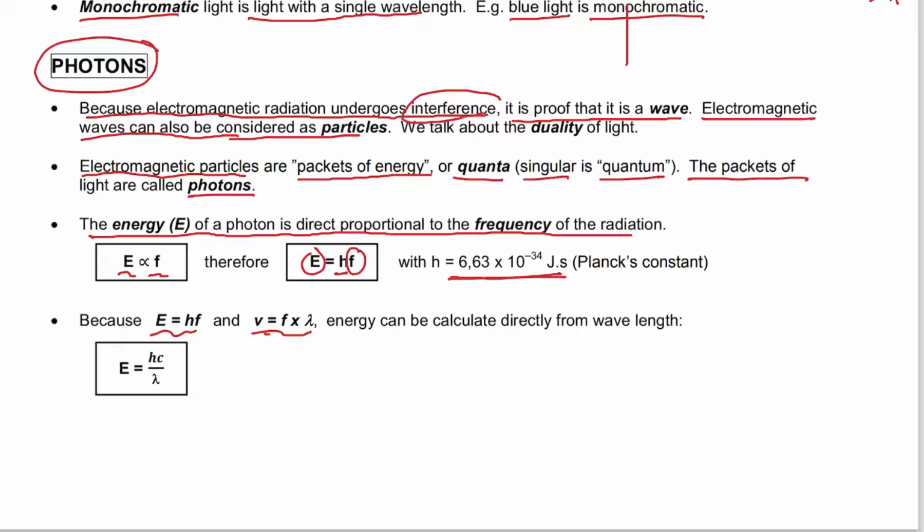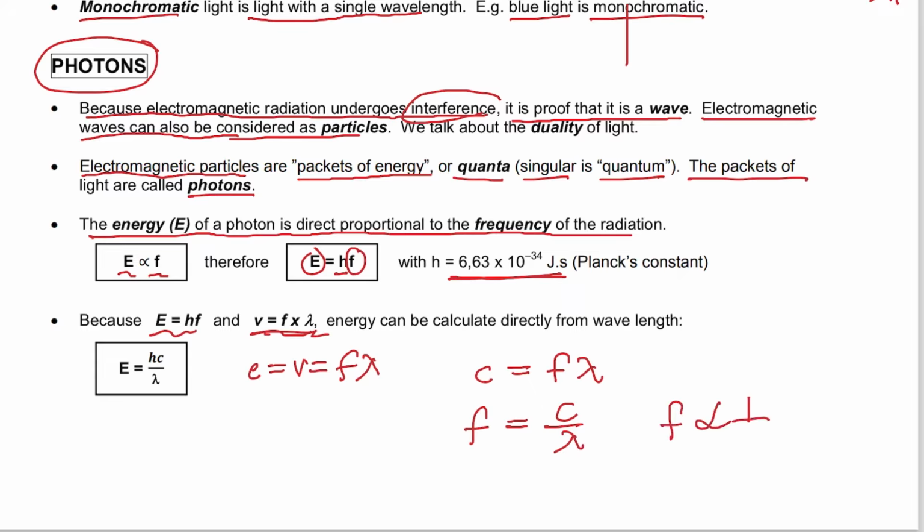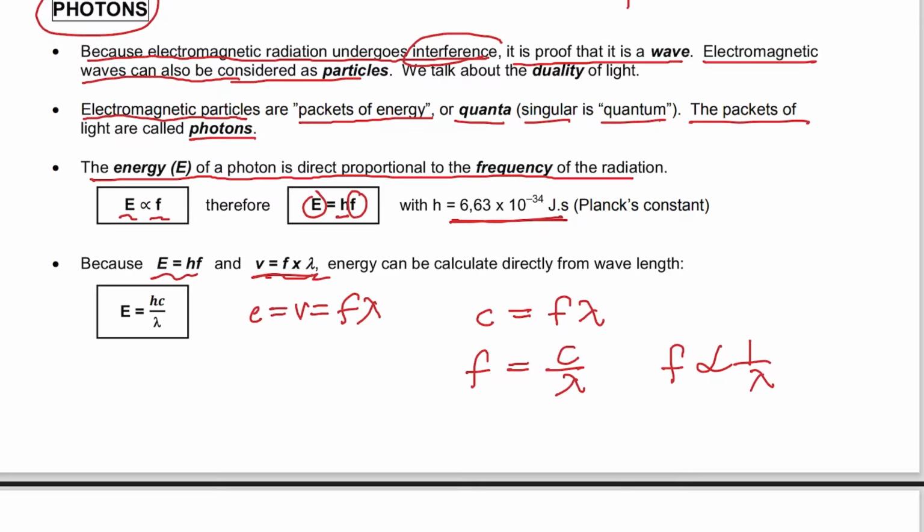And we have another formula for frequency and wavelength that says V or C is equal to frequency times lambda. If you make frequency the subject of the formula, you have C divided by lambda, and that's where the statement that frequency is inversely proportional to wavelength comes from.